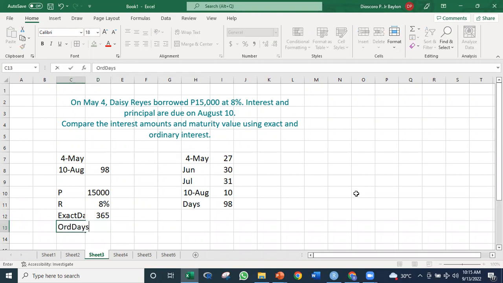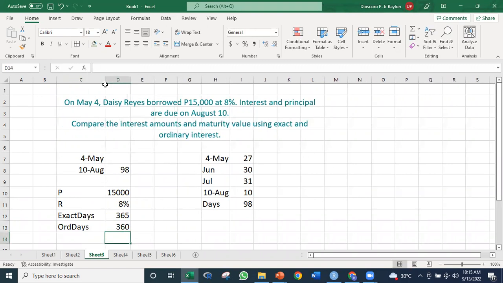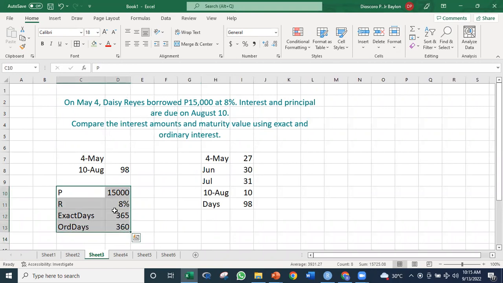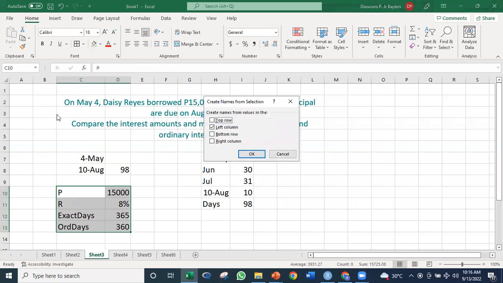Ordinary days should be 360. Okay, and then I can use here, take note, Control Shift F3. I can give these names: P, R, exact days, ordinary days.